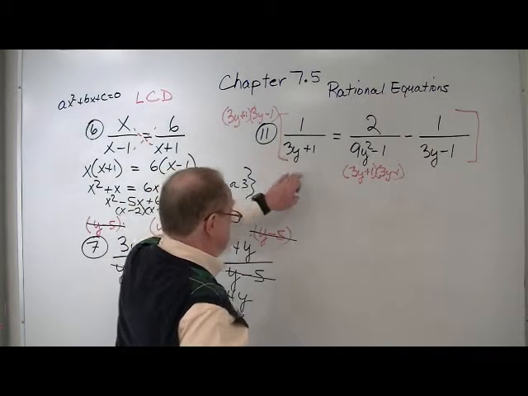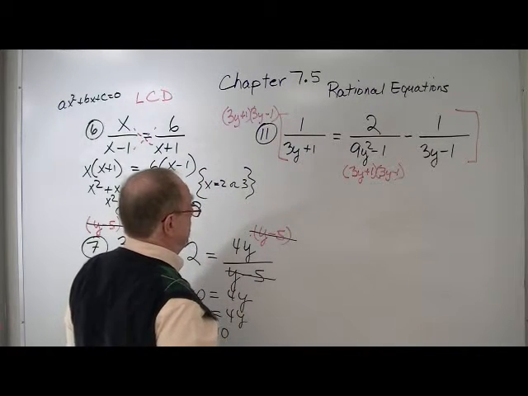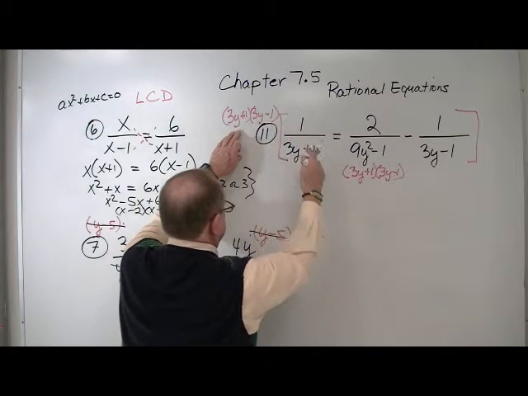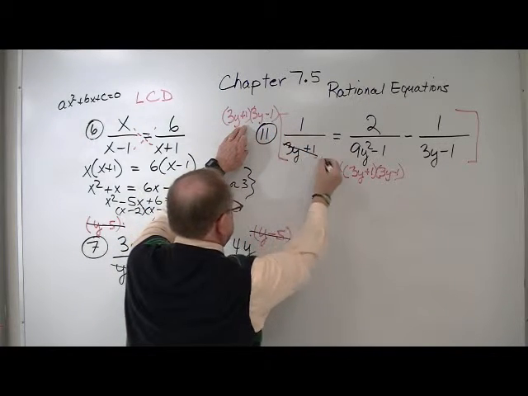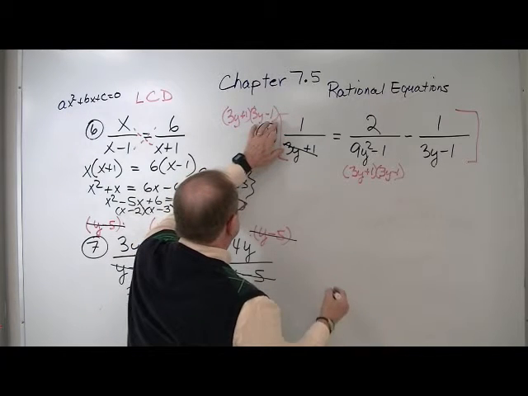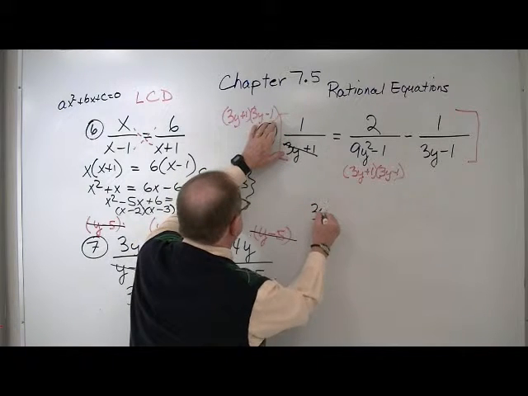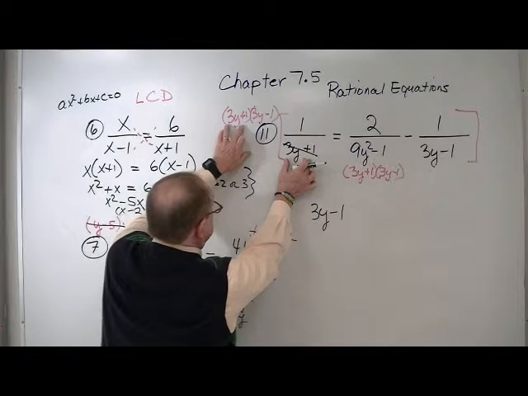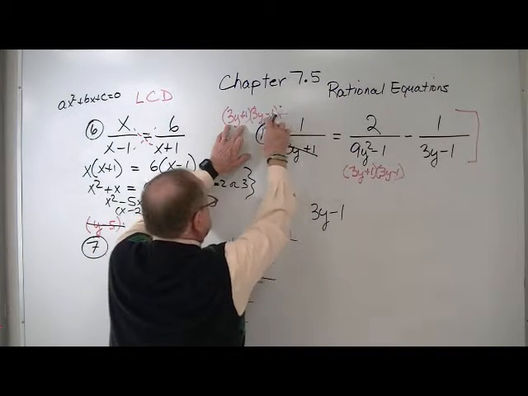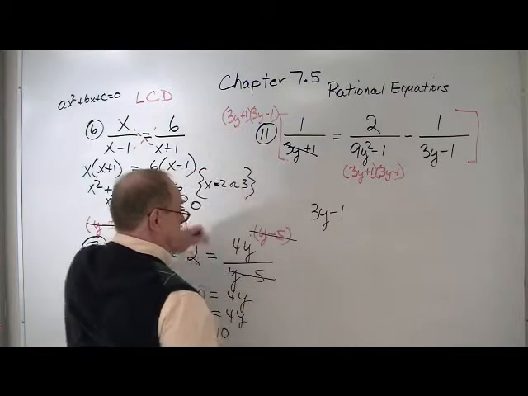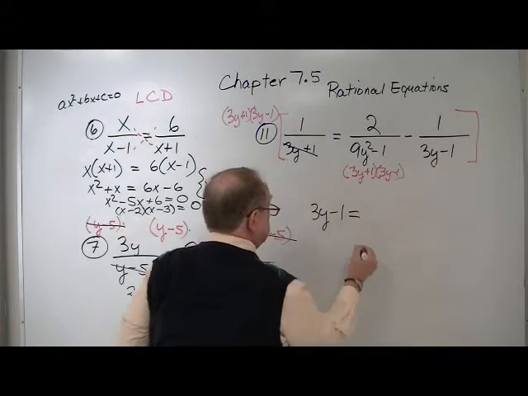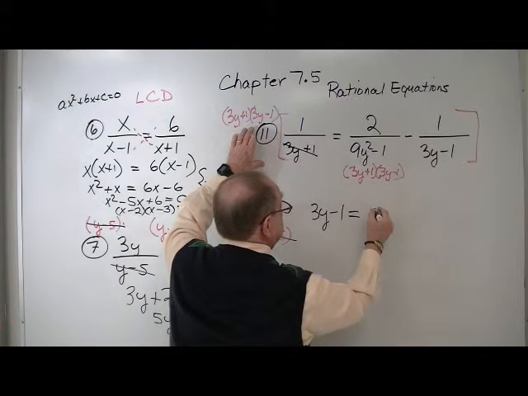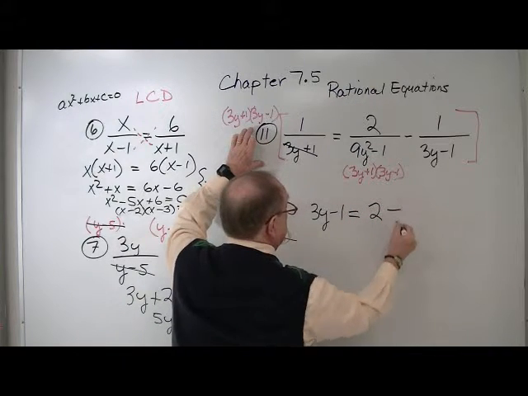Okay, so what do we do here? Well, we're going to multiply this term by this. So here the pluses cancel out, and we're left then with 3y minus 1. So this cancels out with this. We multiply the 1 times that, and we get this equals. Now, all of this will cancel out, and we're just left with a 2.